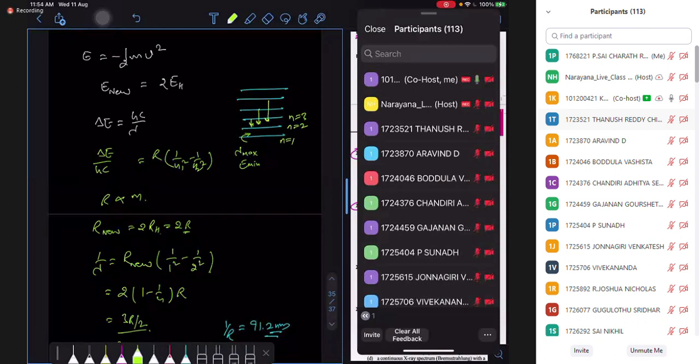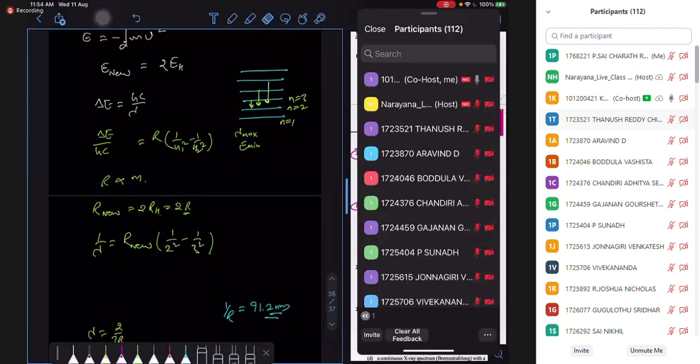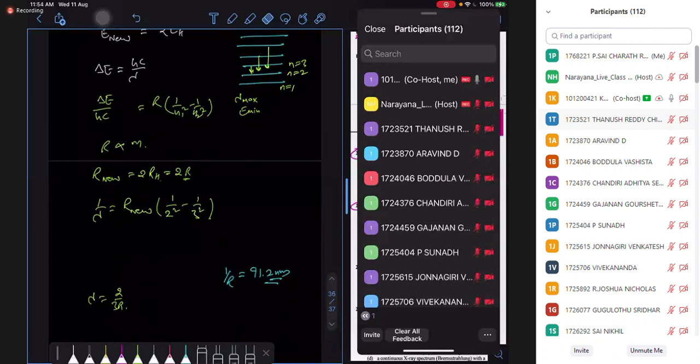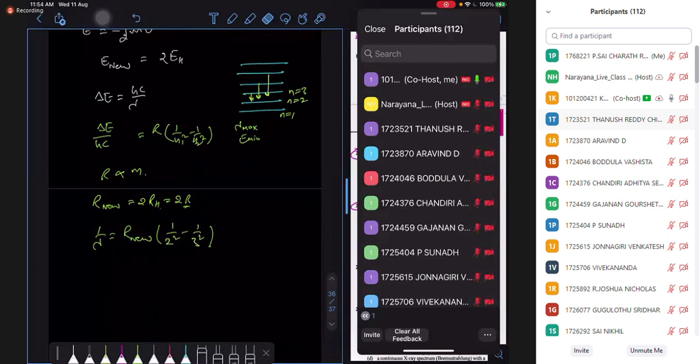For n equal to 2, I'm getting the lambda maximum, and this lambda is maximum for the transition from 3 to 2. I hope you understand this point and are not confused here.